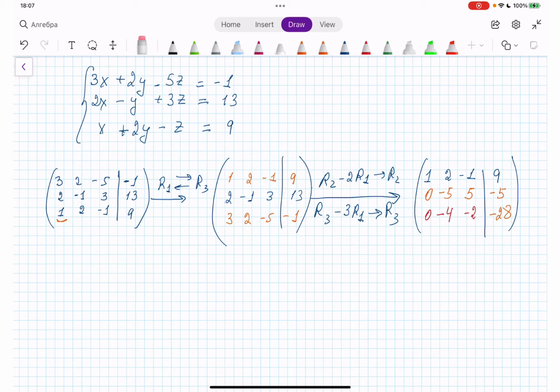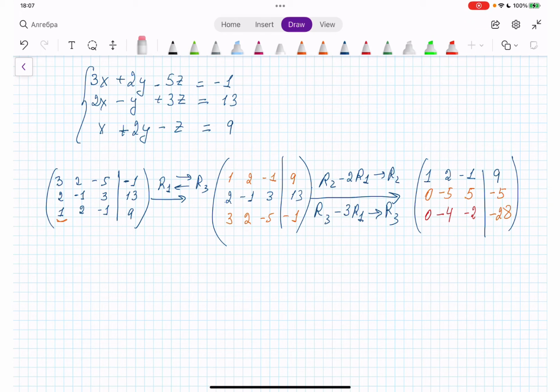But if you are solving a system of equations, it's better to simplify as much as possible. For example, the second line is 0, -5, 5, -5. I can reduce by 5, right? It's like instead of having 2x equals 6, I'm writing x equals 3. That's what it is. Okay?